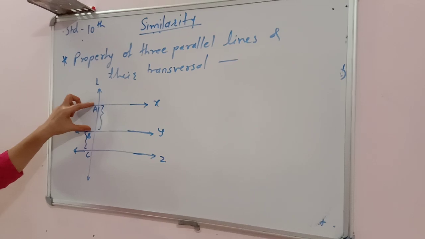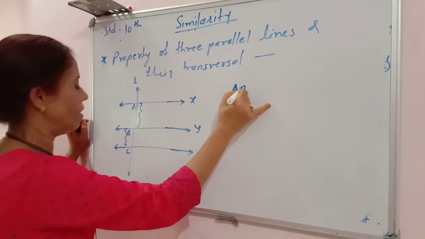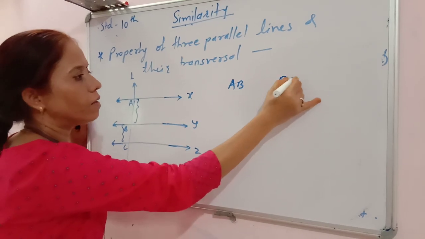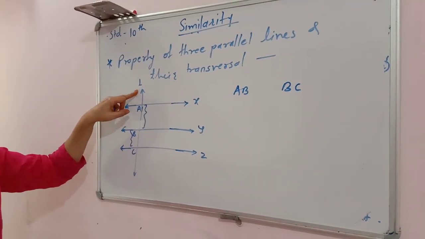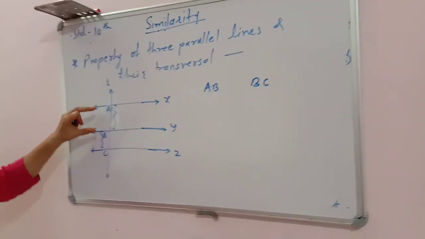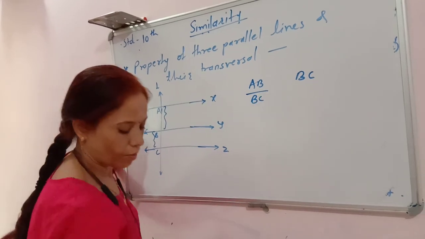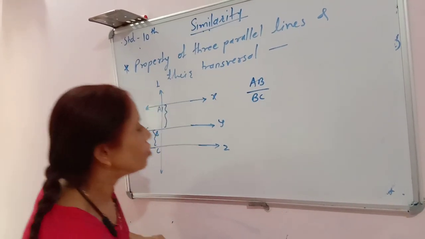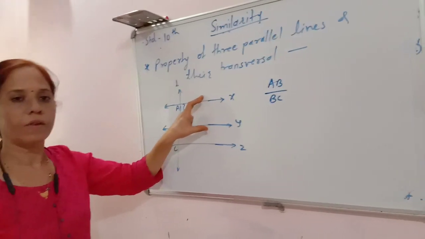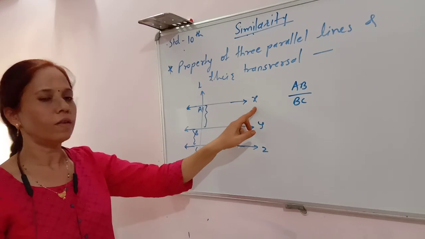So what is this property? The ratio of these intercepts, AB and BC, the two intercepts made by this line, known as the transversal, is written as AB upon BC. It is equal to the ratio of the intercepts made by another transversal on the same parallel lines.